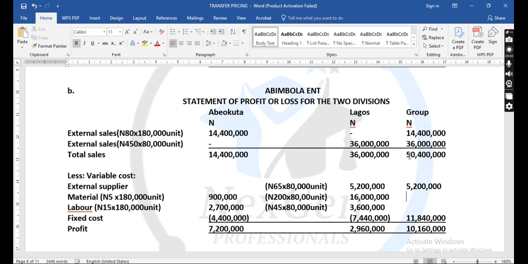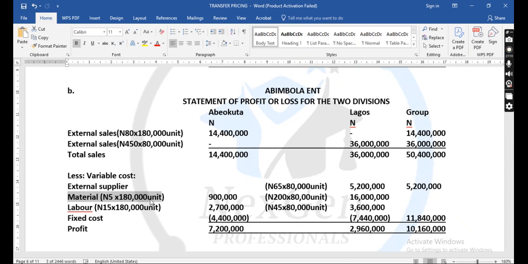So let's change this. If you add 16 plus 900, what do you have? Don't forget that this is like a variable cost of production, right? They have the maximum capacity to produce 200, but the only demand is 180.